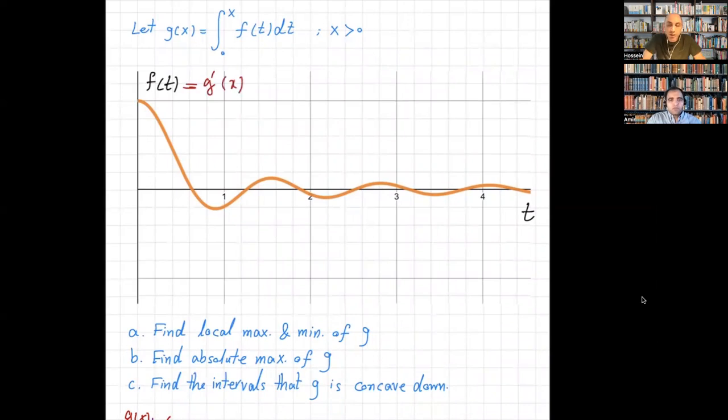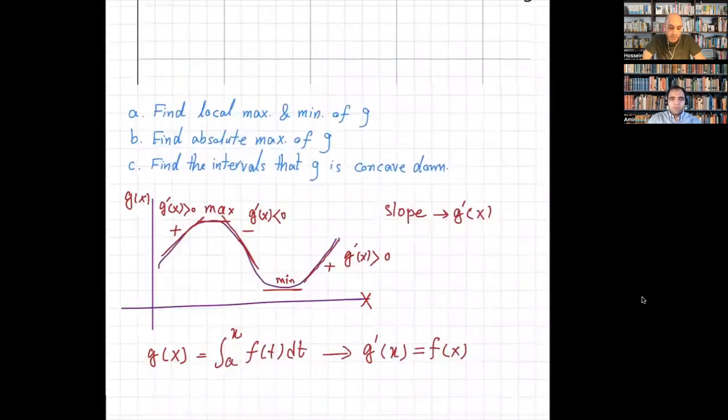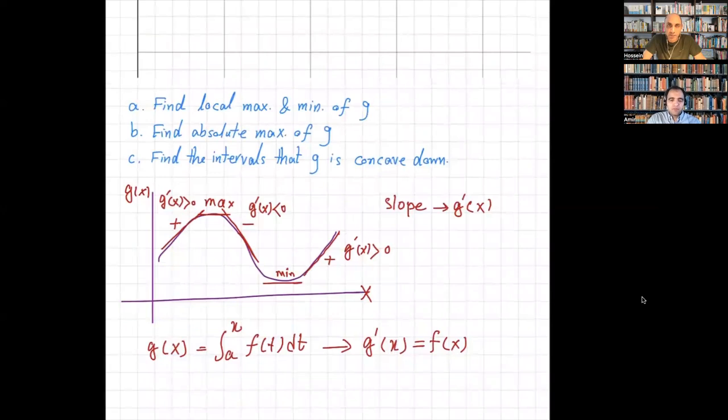So we're looking at g prime of x. Please use a different color and write down next to g prime, f greater than 0, f less than 0. So in this area, g prime of x greater than 0 means f of x greater than 0, and then here f of x less than 0, and here again f of x greater than 0.